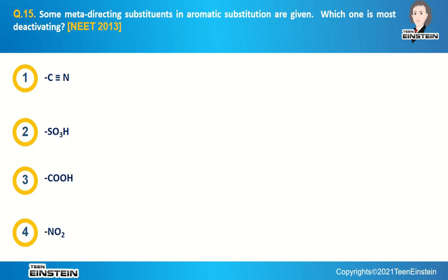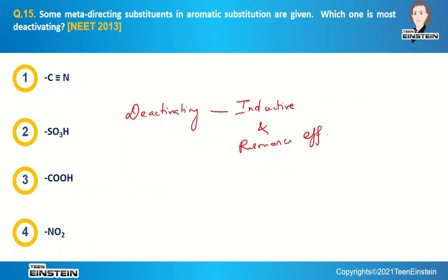These are meta-directing aromatic substituents, and we want to find which one is most deactivating. The deactivating effect is mainly due to inductive effect and resonance effect.